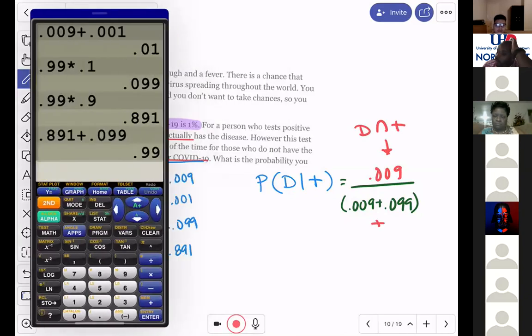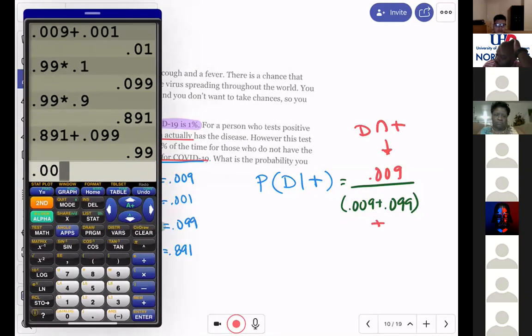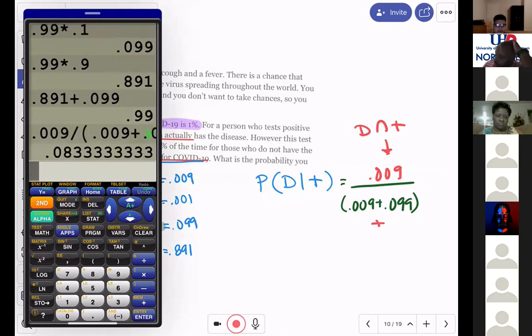So when I calculate this, here's what I get. 0.009 divided by 0.009 plus 0.099. The probability that you have the disease, given that you tested positive, is only equal to what? 0.083.